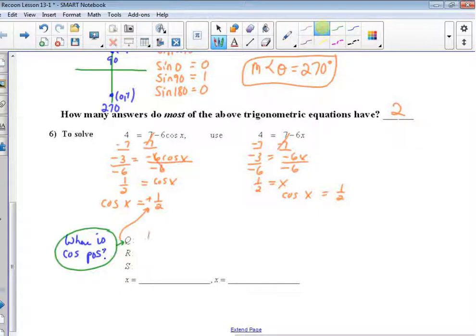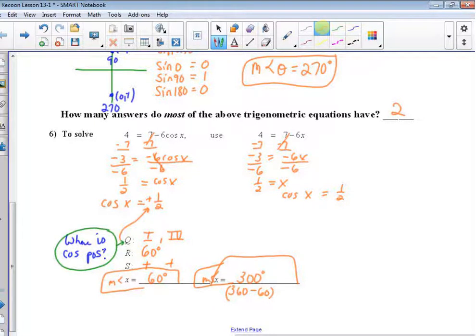So it is positive in 1 and 4. The reference angle you should know is 60. You can do second cos 1 divided by 2, but it's 60. The sign just reinforces that. So now, the measure of angle x is equal to 60 degrees for quadrant 1 and 360 minus 60, which is 300 for quadrant 4. And those are your answers.